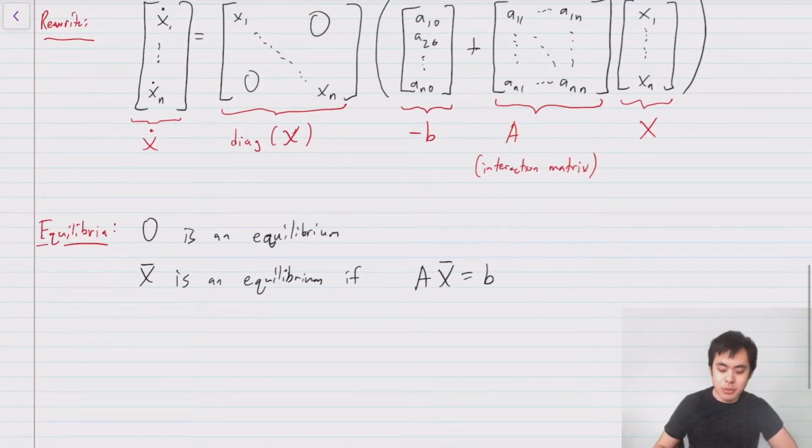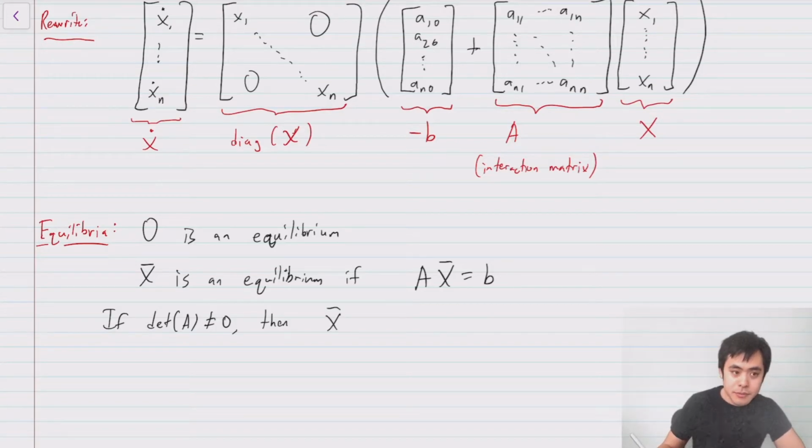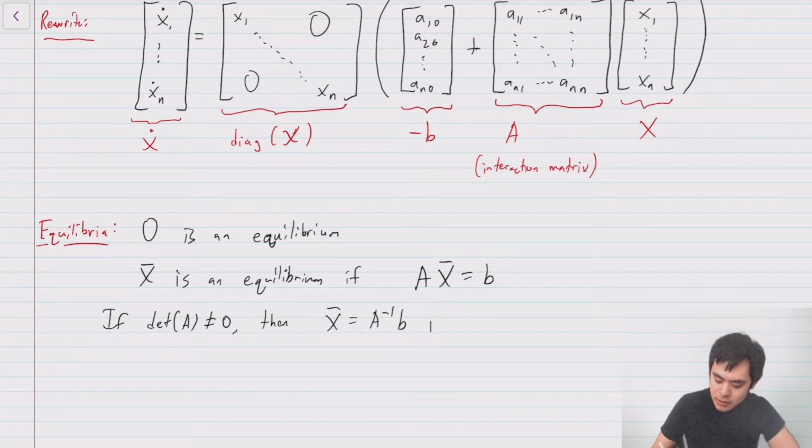So that is also an equilibrium. So now, if the determinant of A is not equal to 0, then x bar, which is equal to A inverse b, is a unique positive equilibrium.